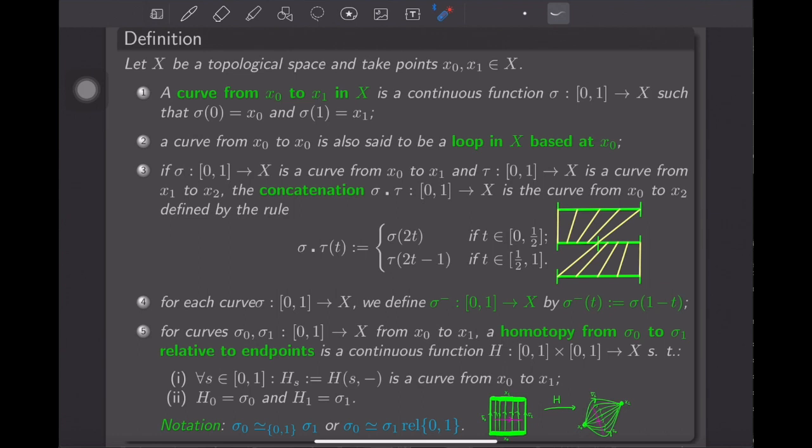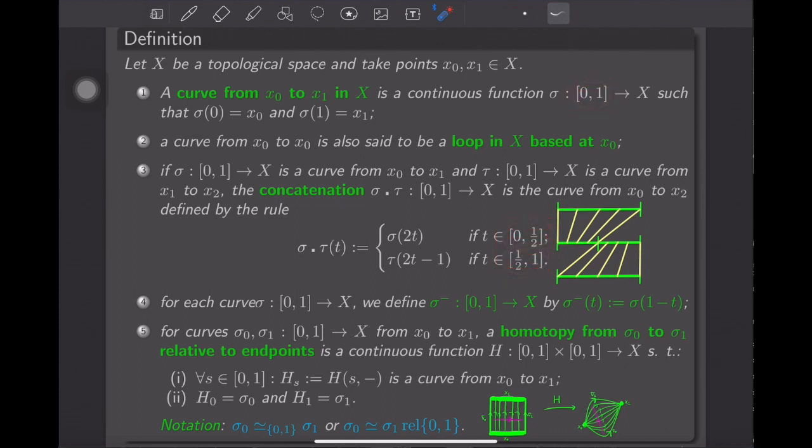The basic idea is that in the first half I go with sigma, and in the second half I go with tau, and then of course I would have to check continuity. But I'm defining a function piecewise on two closed subsets of my whole interval.